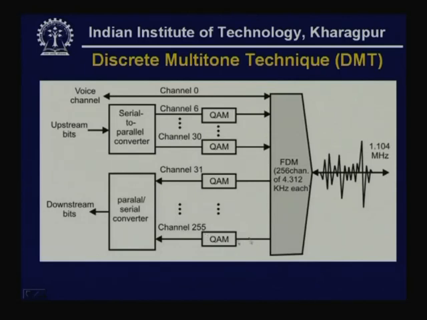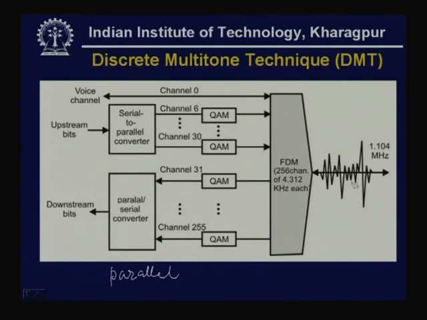These channels are again, whatever is coming, the digital data is converted into QAM, that is quadrature amplitude modulation. Then you are doing parallel to serial conversion. Here there is a spelling mistake, and here you get the downstream bits.